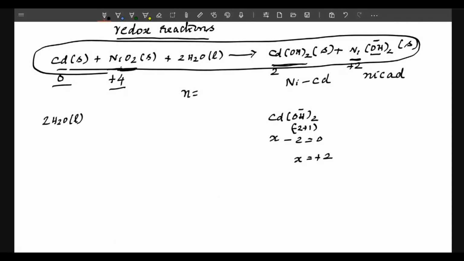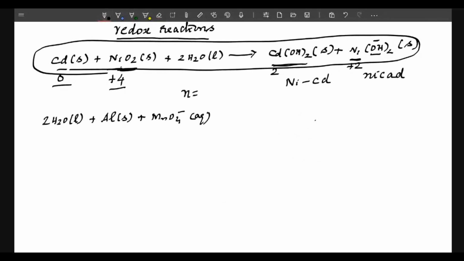I will move to the next type: aluminum solid plus MnO4 minus aqueous, giving Al(OH)4 minus plus MnO2 solid. It's a reaction. Here is a balanced reaction.